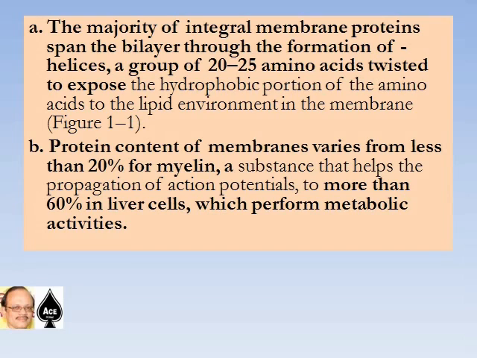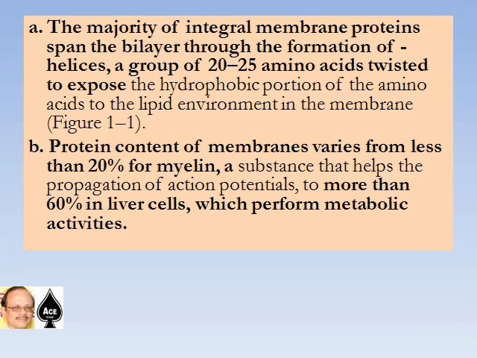The majority of the integral membrane proteins span the bilayer through the formation of helices, a group of 20-25 amino acids twisted to expose the hydrophobic portion of the amino acids to the lipid environment in the membrane.